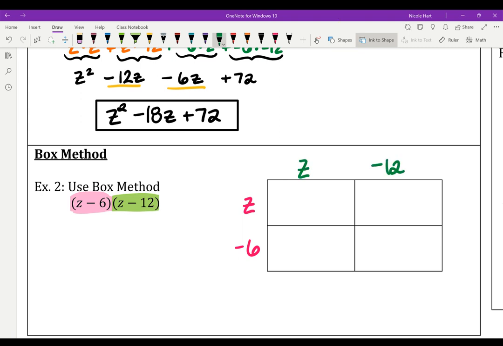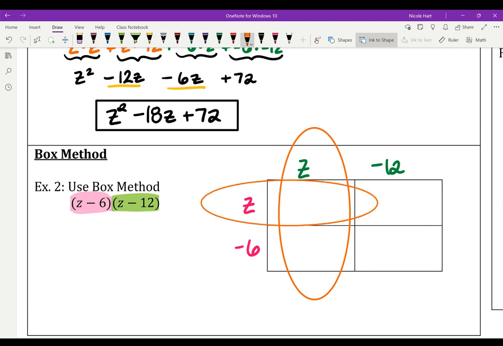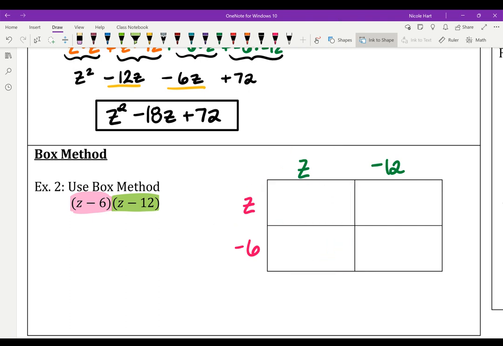Now when we go through and multiply here, we are going to take whatever is at the top of the column and whatever is on the side of the row, and we are going to multiply them together. So for example, I'm going to take that z and this z where they cross, and that'll give me z times z for that box. So we're going to go through and do this slowly. We have z times z, which we have learned is z squared.